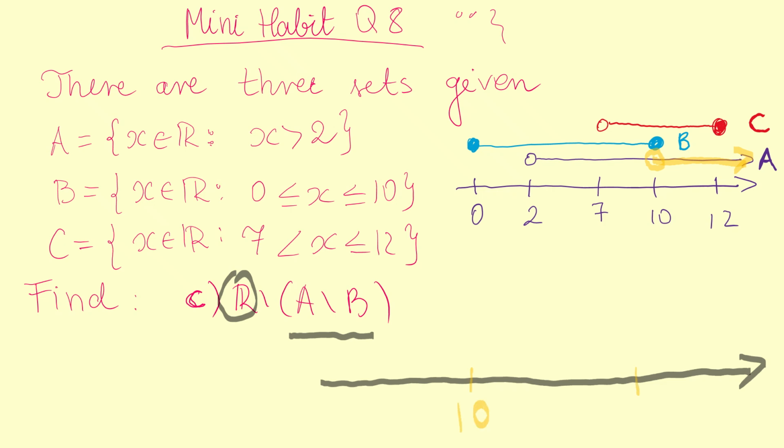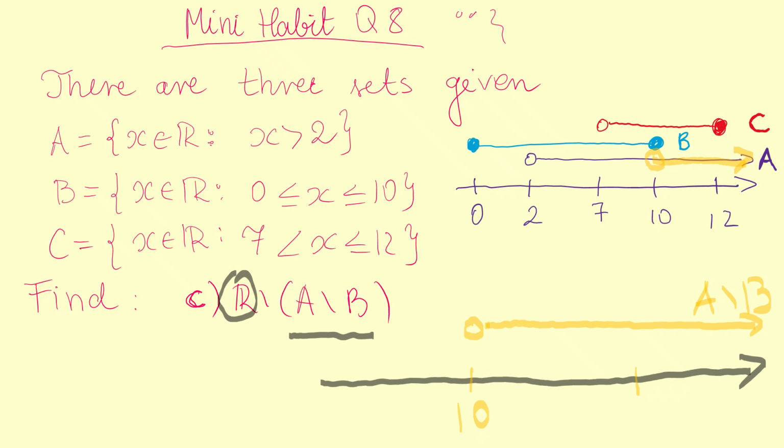So A minus B is the set starting very close to 10, but we cannot touch 10, so it's excluded, and goes all the way to infinity. This is A minus B, because A is an infinite set.